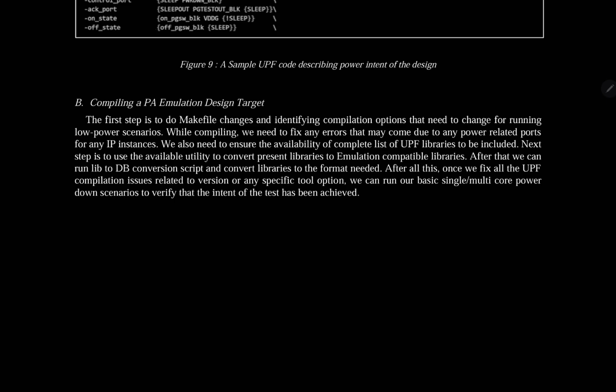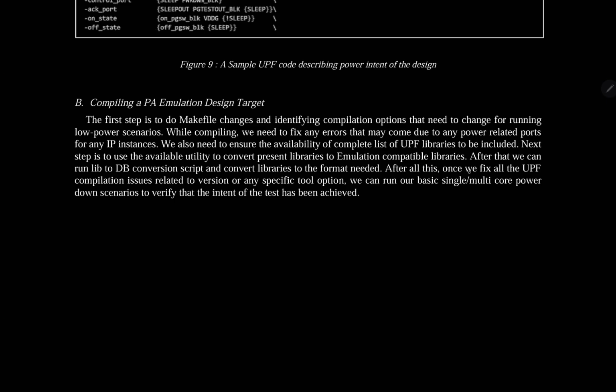We also need to ensure the availability of the complete list of UPF libraries to be included. Next, use the available utility to convert present libraries to emulation-compatible libraries. After that, we can run the Liberty to DB conversion script and convert libraries to the format needed.